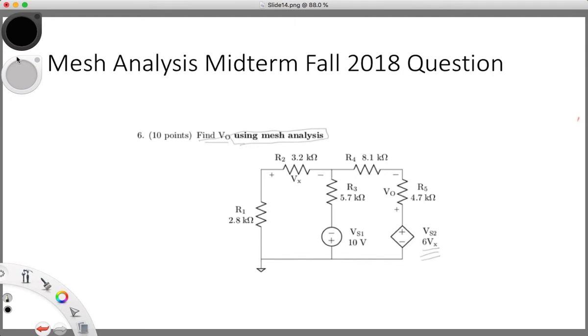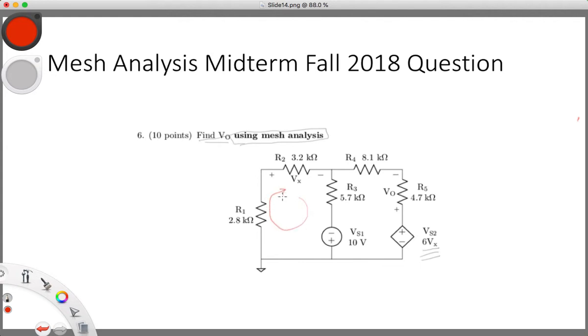Okay, so let's apply the mesh analysis. Right, so here we go. Now, because I've got a positive sign here, I'm going to want my I1 to flow into that positive sign.